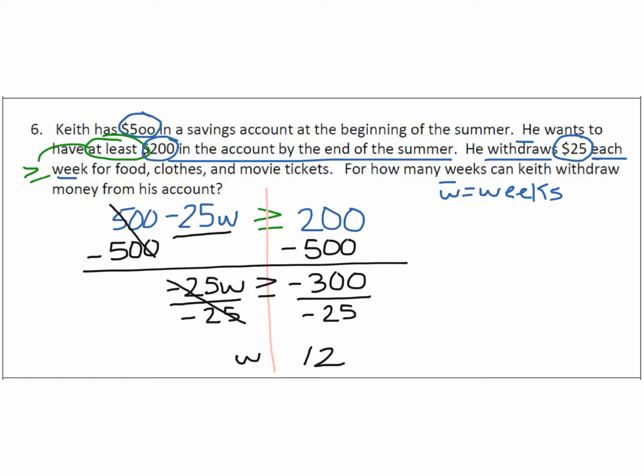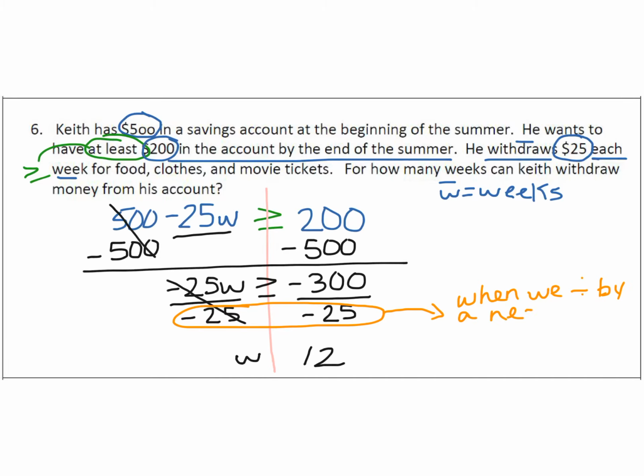All right. And a negative divided by a negative will give me a positive 12. Now, notice that I did not yet bring down my inequality because I want to stop and just remind you of what happens when we divide by a negative.